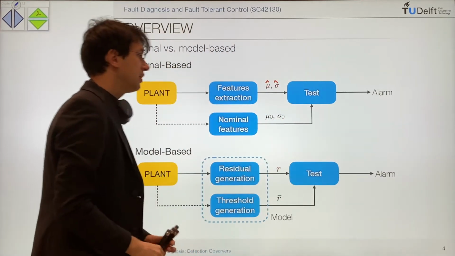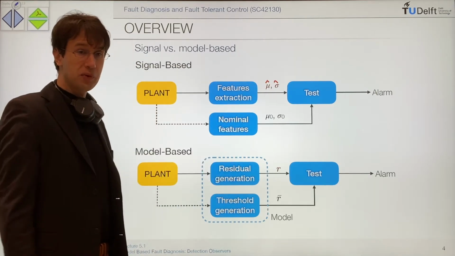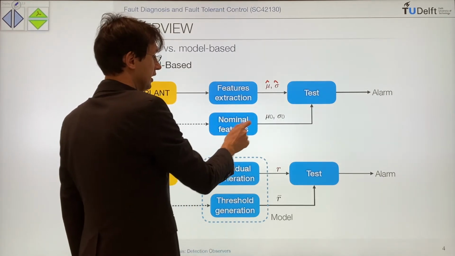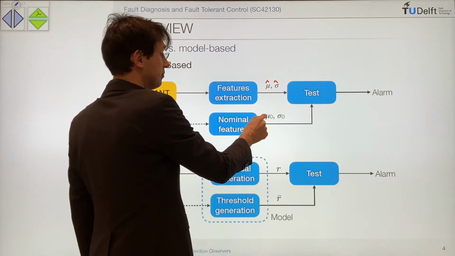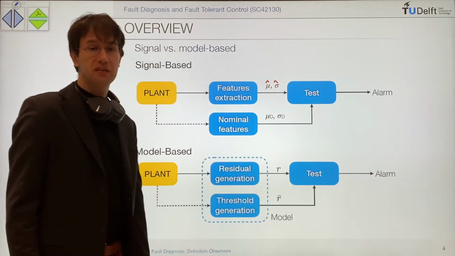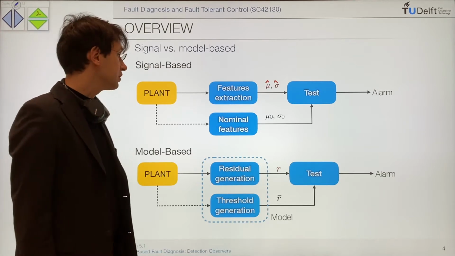Okay, so we can extract these empirical mean and variance, and we can compare them using a suitable test to nominal values, that is the nominal mean mu0 and the nominal variance sigma 0. This is what we have done in some of the probabilistic tests that we introduced.